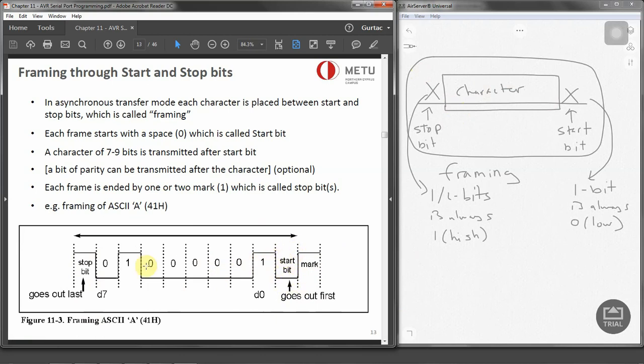Then we have got the character. This is actually representing ASCII A, 41 hex. So we have got 1, 0, 0, 0, 0, 0, 1, 0. This is the least significant bit, and that's the most significant bit. That is how we are actually transferring data from one end to the other. Okay?